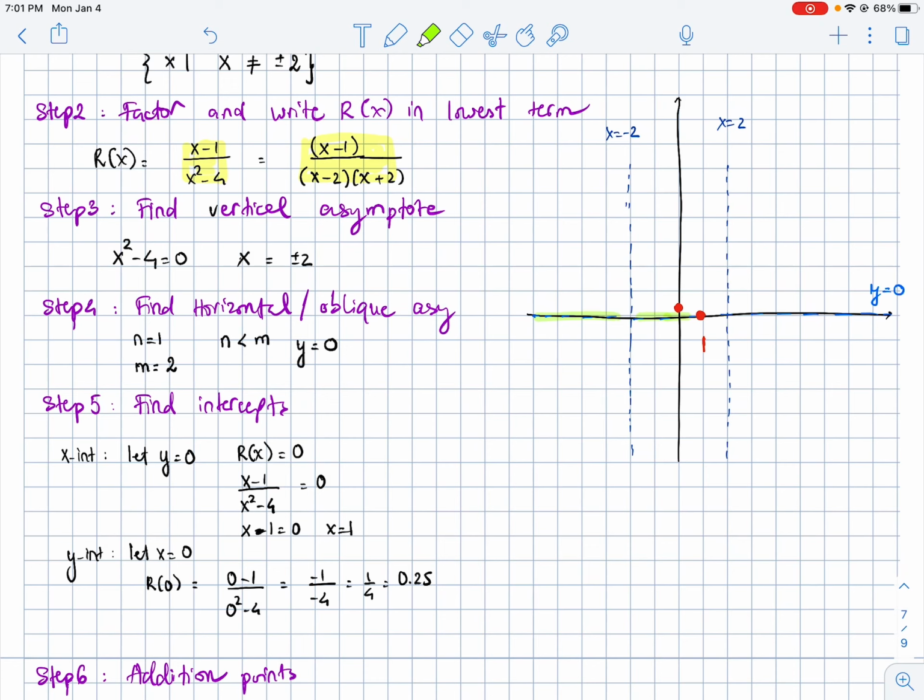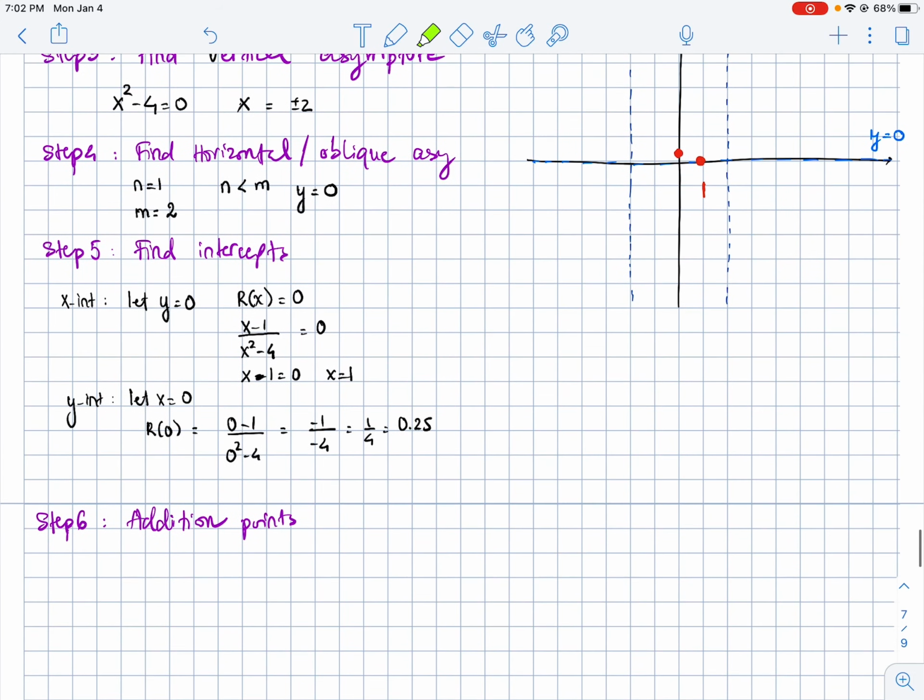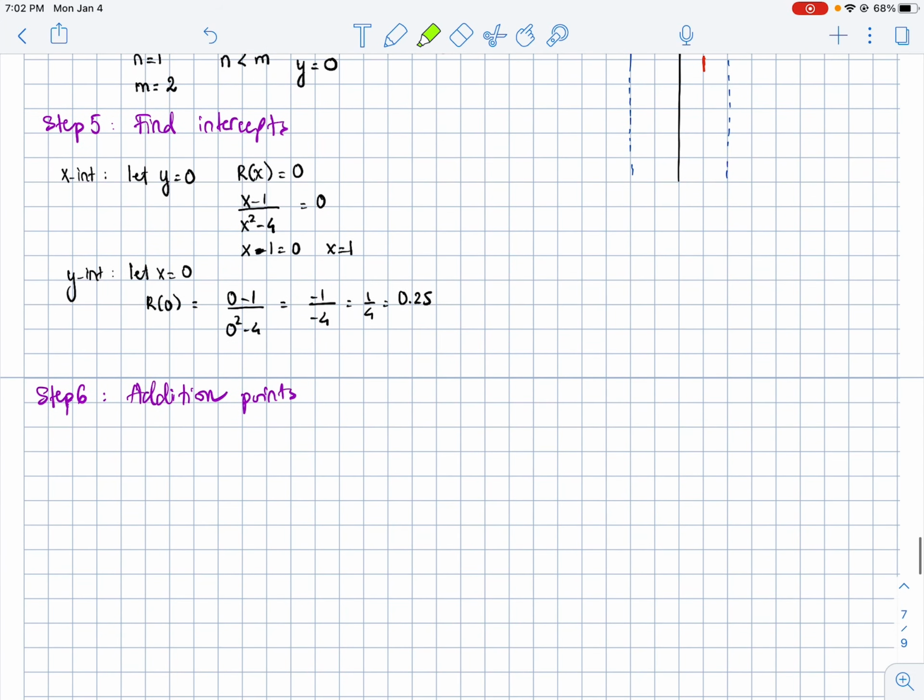And then we will make a point between that x-intercept and the vertical asymptote x equals 2. That means we will have 4 additional points. Now let's work on the one on the left, the smallest one.